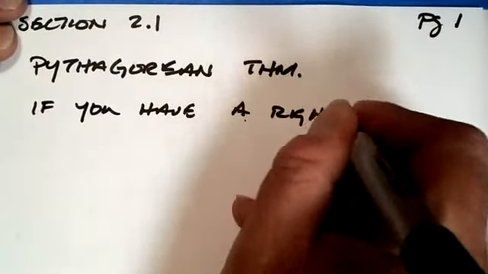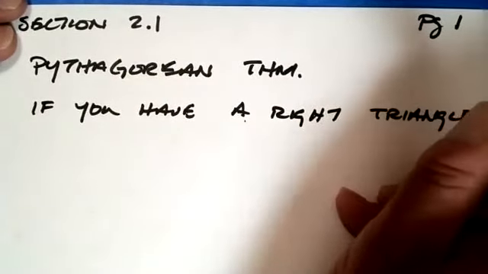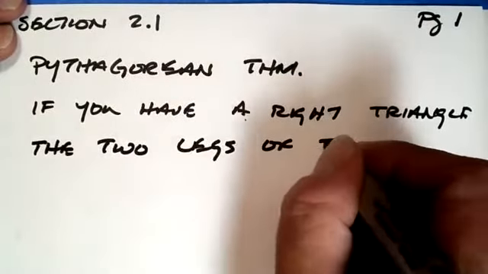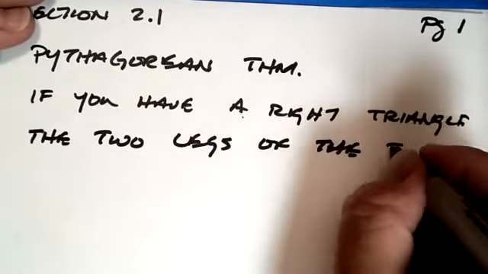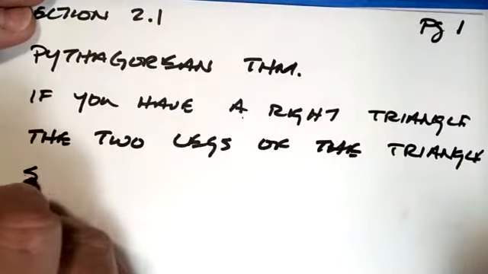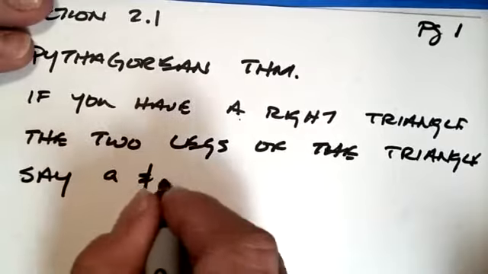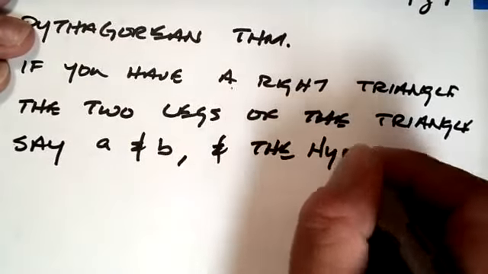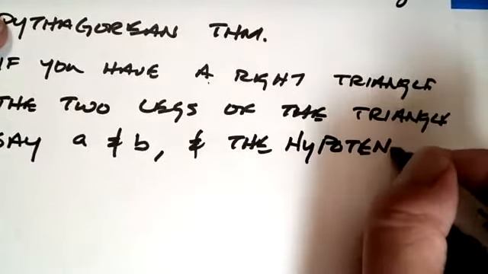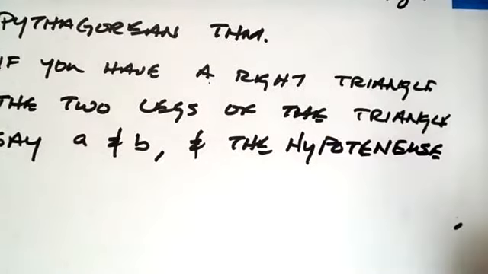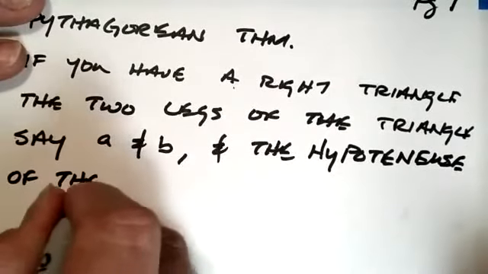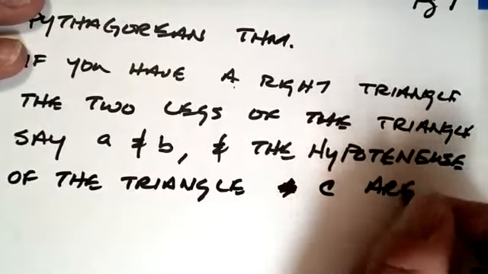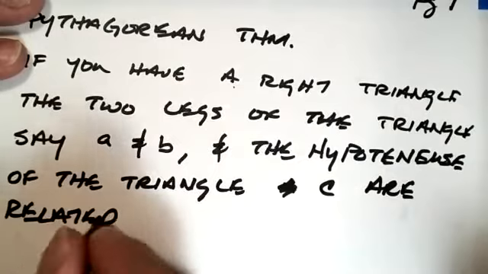and remember, a right triangle is one that has one right angle. The two legs of the triangle, the legs being the sides that are not opposite the right angle, I'll call A and B. And the hypotenuse of the triangle, C, are related in the following way.